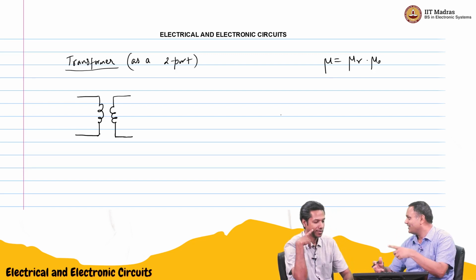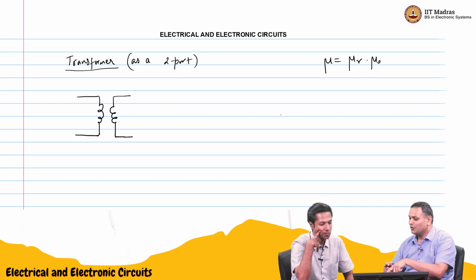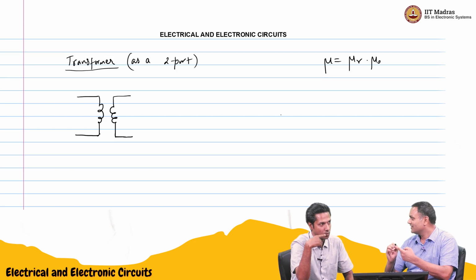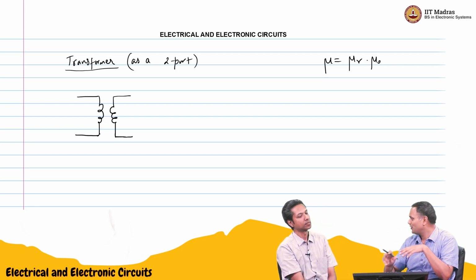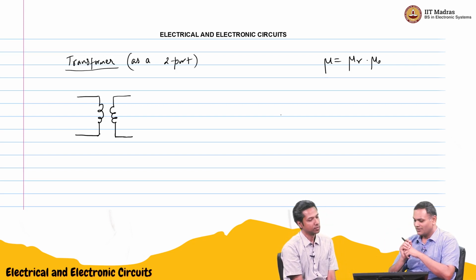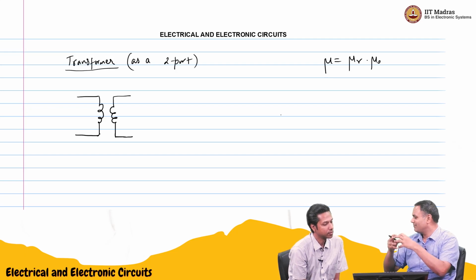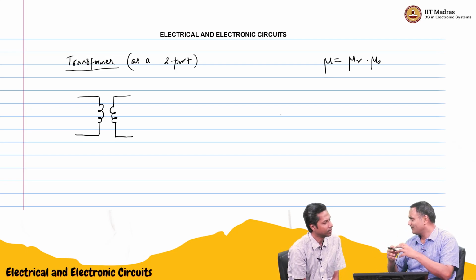You are trying to increase that because the inductance depends on the number of turns, and it depends on the permeability as well. If you want a lot of inductance in a small area, you will want to use a ferromagnetic material, like an iron core.